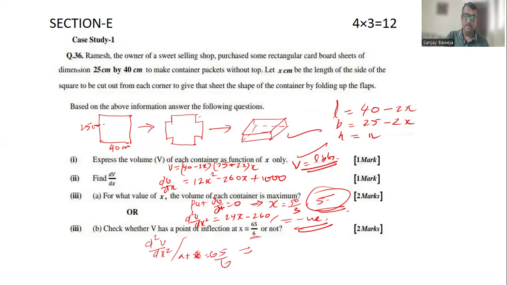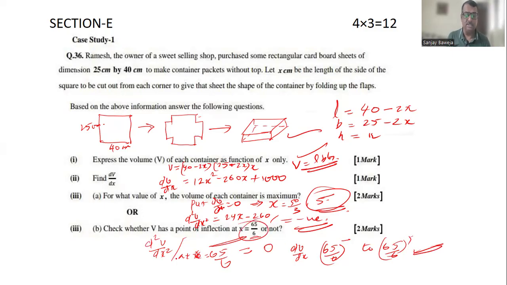In this case, if you put 65 by 6 in the second derivative, you'll find it to be 0. Then dV by dx will change sign as you move from 65 by 6 negative to 65 by 6 positive. So it shows that 65 by 6 is a point of inflection.